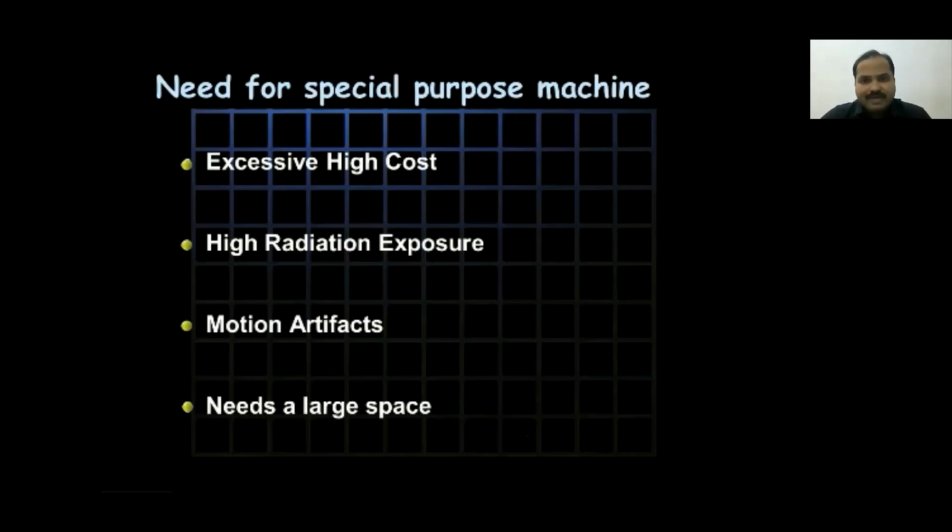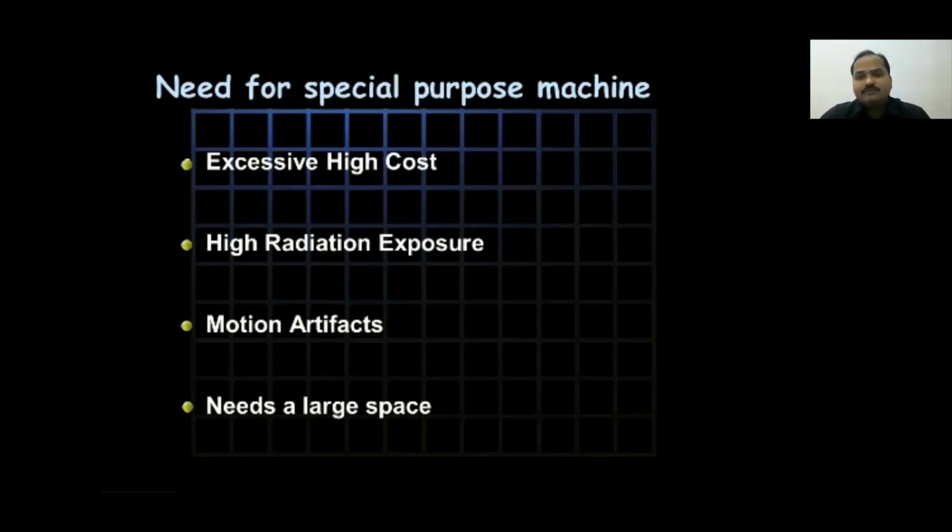It was not meant for dental use or for a very specified or limited area. The area which was exposed in a CT machine was much more than that needed for dental use. Motion artifacts were much more in a bigger machine than a smaller one. And due to the size of the machine, computer tomography needs a larger space to be installed.